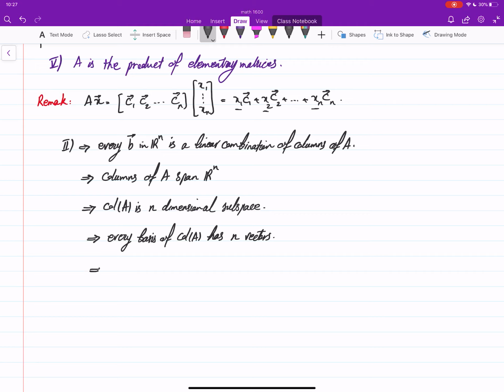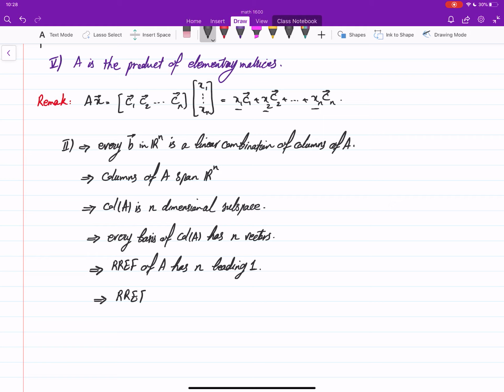So since we are going to have n vectors in the space, it means that the reduced row echelon form of A has n leading 1s. Well, the only n by n reduced row echelon form with n leading 1s is the identity matrix.